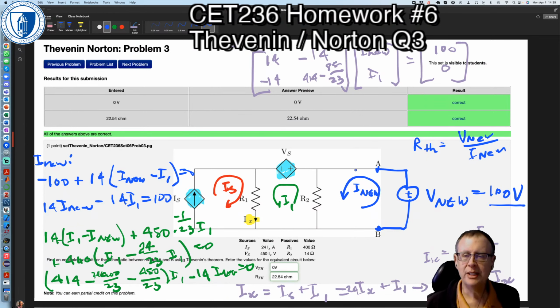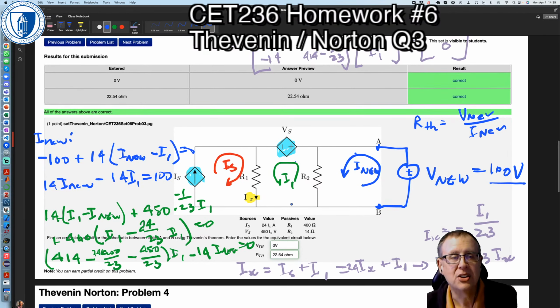And to do I nu, we need to do mesh analysis, and so I've selected 3 meshes. The nice thing is we get a freebie because this current source only has one mesh current flowing through it. So IS is just the mesh current for that mesh.